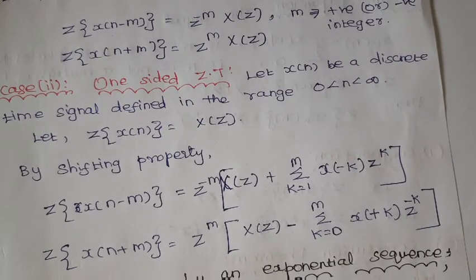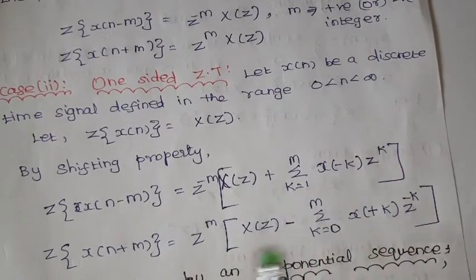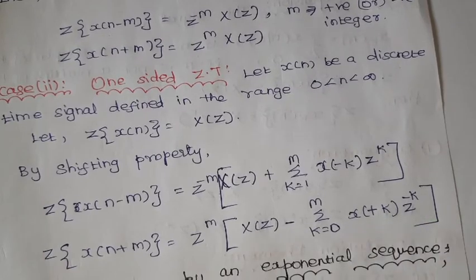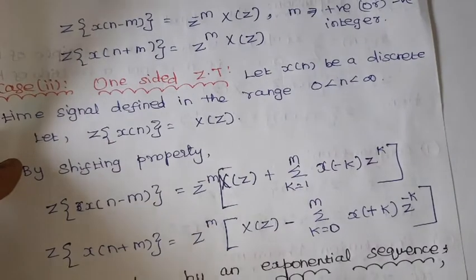See the sign changes here. Minus sign, plus sign, minus sign, plus sign: plus minus plus minus. By shortcut we can memorize it like this.